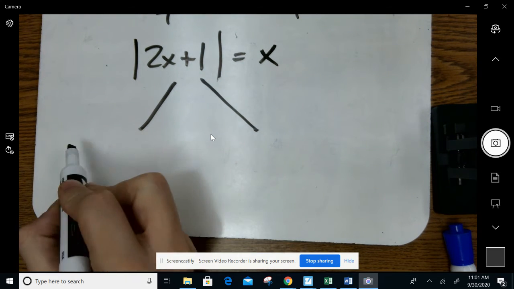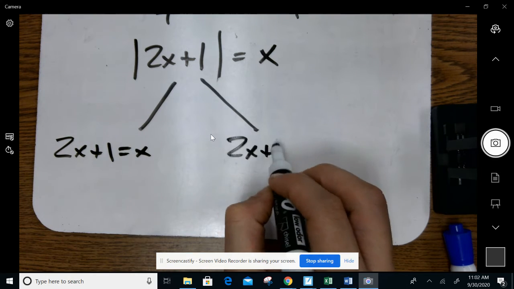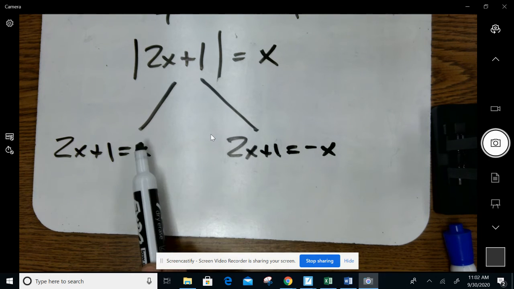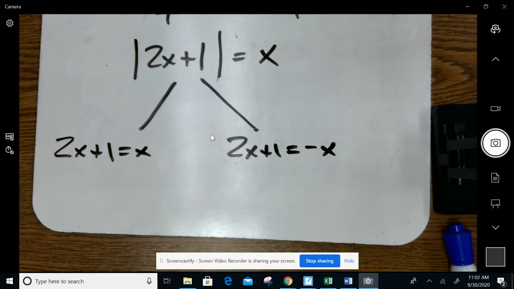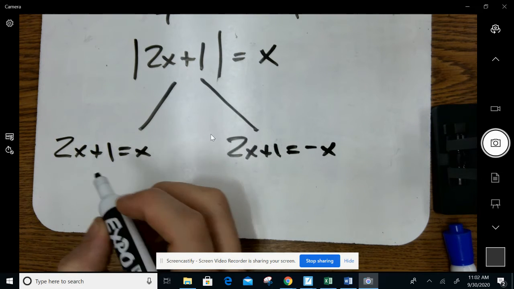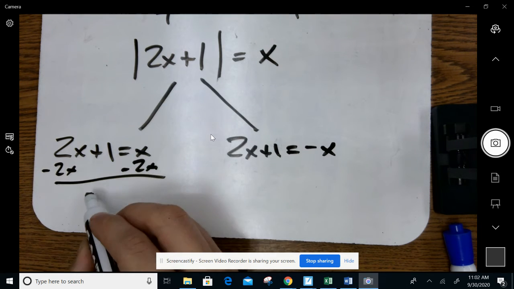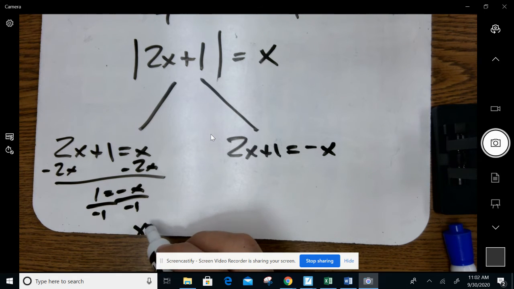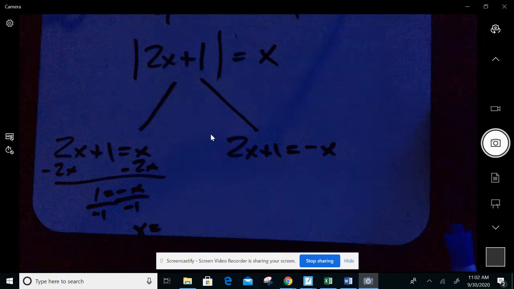All right, so let's talk about the 2 cases here. So 2x plus 1 equals x, and 2x plus 1 equals negative x. Make the answer negative. So this represents our positive and negative cases, as we could have a positive and negative in here. Solve those equations. So subtract the 2x, get negative x, divide by negative 1 to get the x by itself.